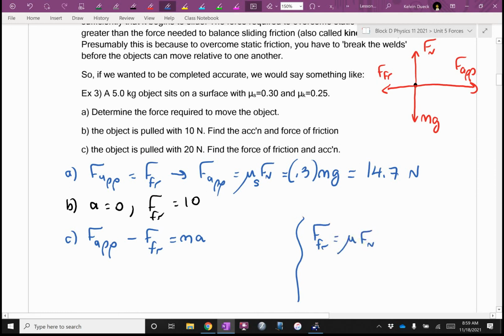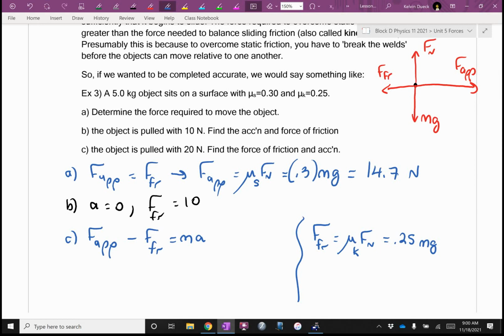Now, here's the key difference. Are we sliding now? Yeah. I'm going to use the kinetic mu, the 0.25. It's going to be 0.25 mg. So friction when it was standing still was 14.7.